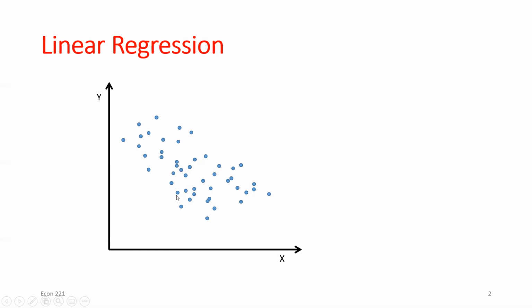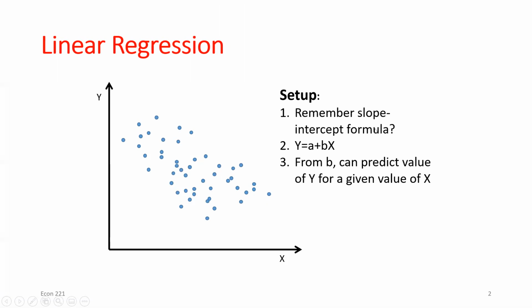This is going back to week 2. What we're going to try to do is draw a line of best fit, a line that best fits this data. It would have some intercept A and some slope, which I'm going to call B. And that slope represents the relationship between X and Y.